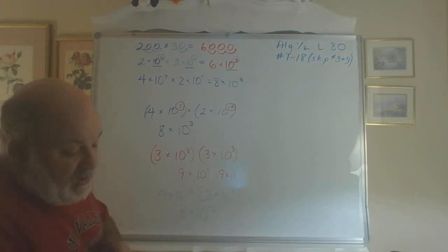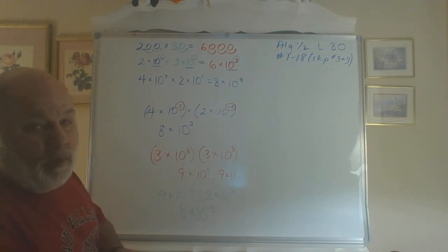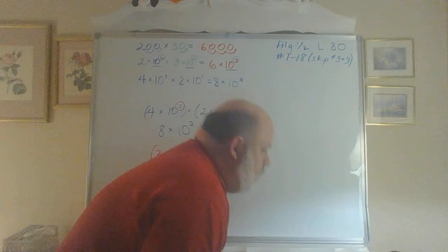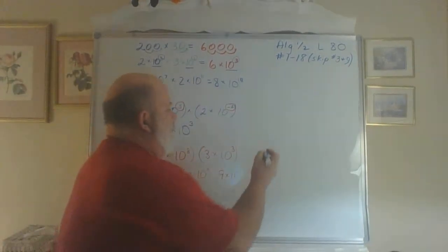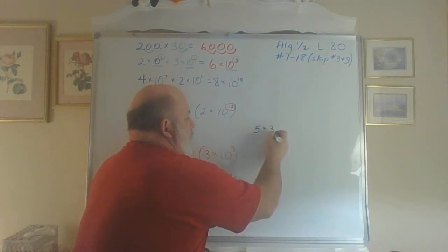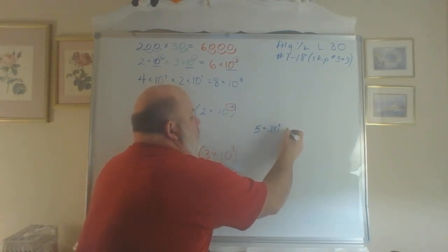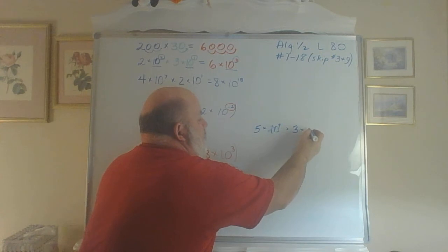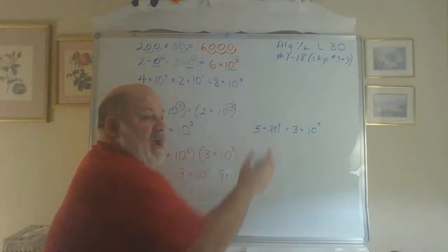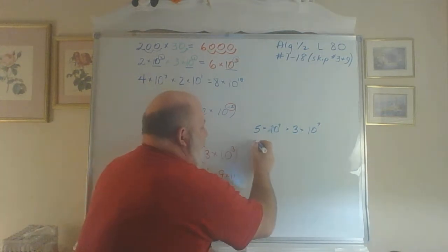Now, this lesson doesn't cover it, but I want to show you one more and what to do. Let's say we have 5 times 10 to the 4 times 3 times 10 to the 7. The 5 times 3 gives me 15.